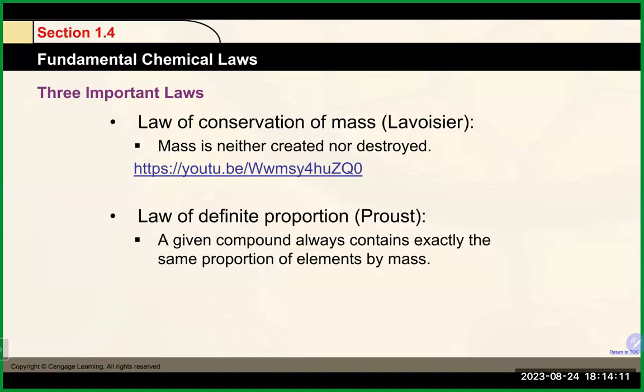Now, another important law that came about is the law of definite proportions, which was done by Proust. Basically what he said was that if you take a certain mass of one element that combines with another element, you will always have the same ratio present, no matter where that substance comes from.